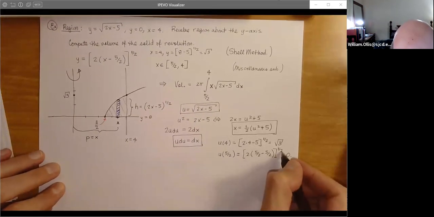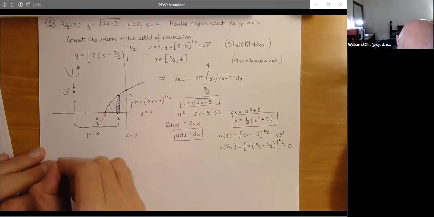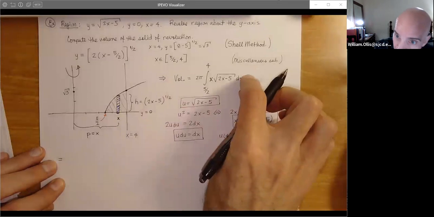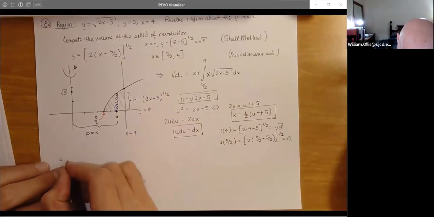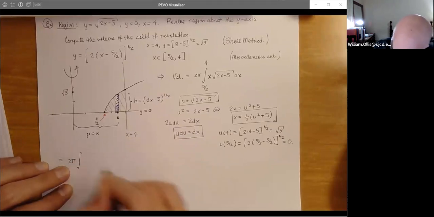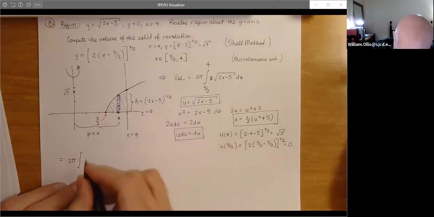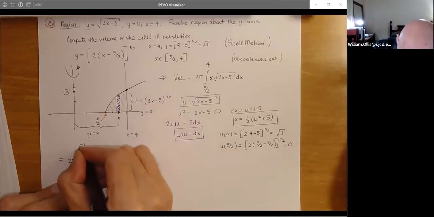So now we can transform the original integral into the new variable. So moving our equals from here down to here, we get the 2 pi. Don't forget the 2 pi. And then, of course, the lower limit is 0. The upper limit is the square root of 3.